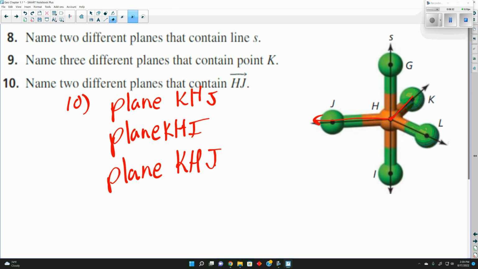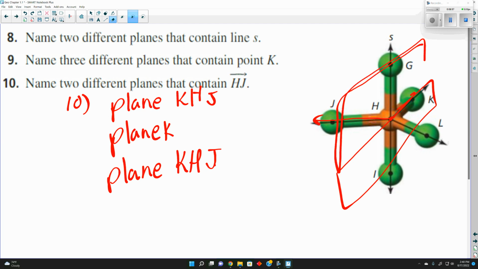So here would come out this way. So would KHI work? Because we need, yep. So what we can do here, KHG would be that same one.